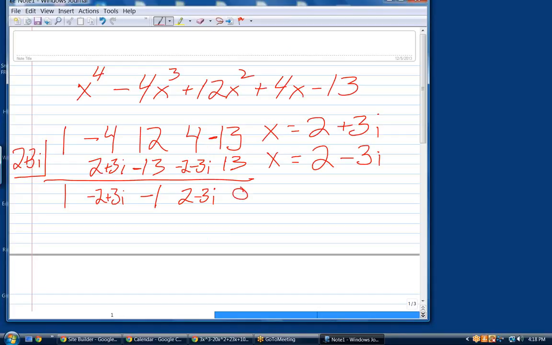Okay. Now, you do not want to stop here and list one factor as 2 plus 3i and the other factor as this cubic right here. Notice that that cubic has imaginary coefficients. We don't want to write cubics with imaginary coefficients. So we immediately do the second step, which is divide by 2 minus 3i.